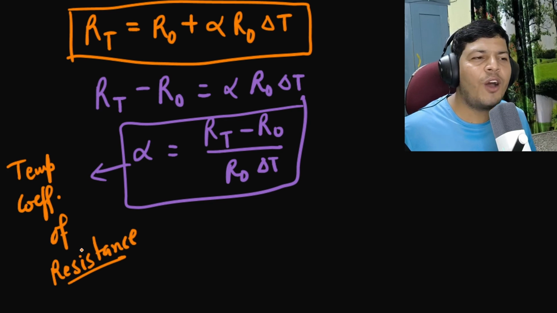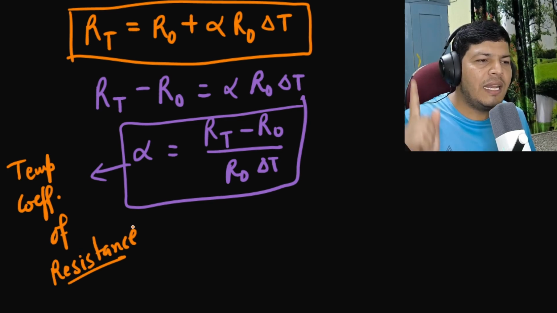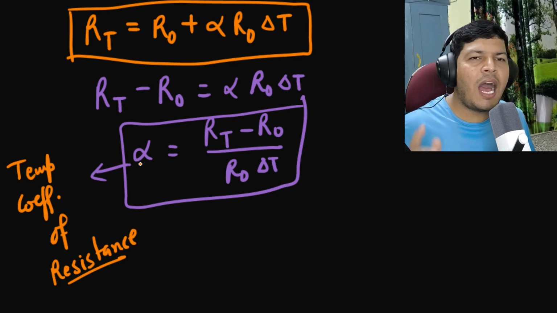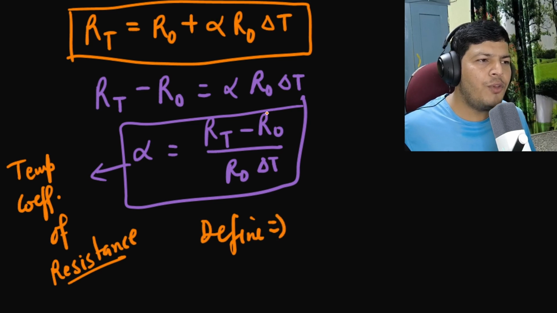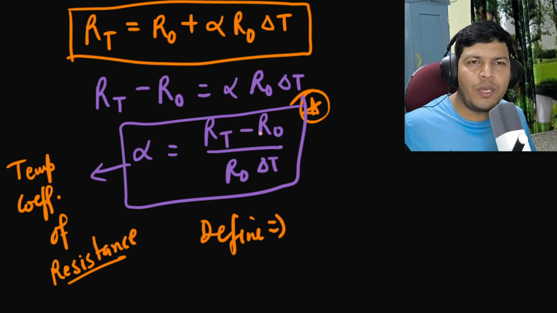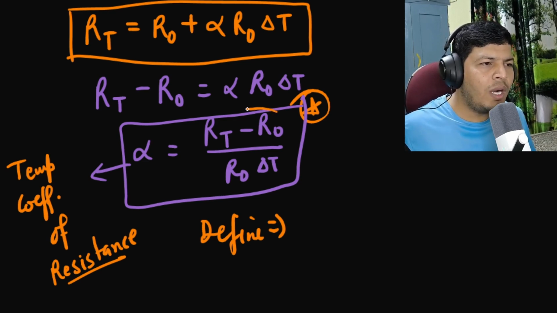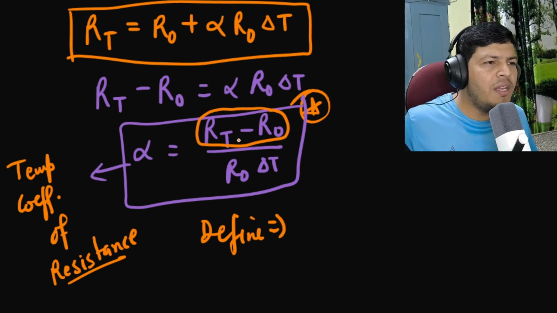Now we need to define this alpha as well. Let's define it, and it's very easy. If you know this formula, you can easily define that alpha. What is this numerator? The numerator is saying difference in resistance, that means change in resistance.